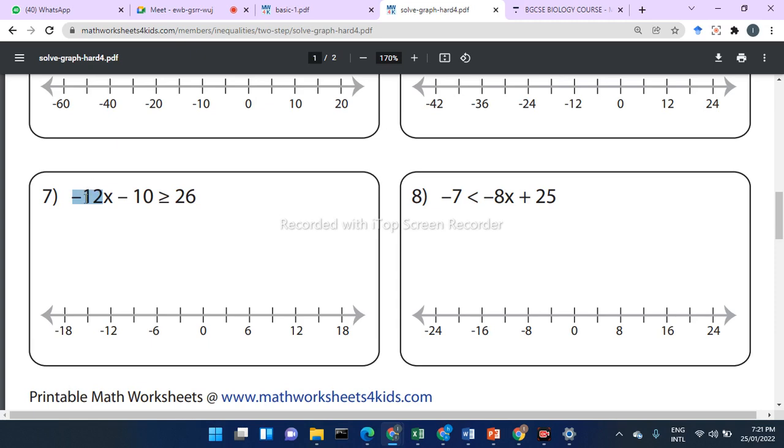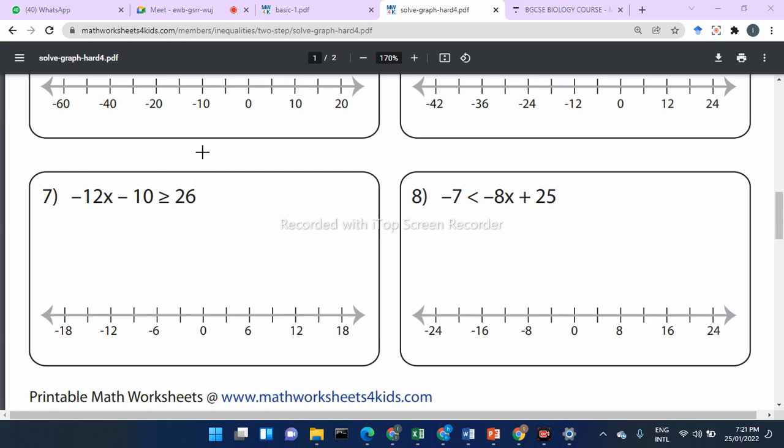And when you divide by negative 12, you have to know that you have to do what? Flip it. Exactly. Switch the inequality sign. Okay, you want us to do this one? No problem, let's do it. Like I say, these are the ones that they like to bring on your exams.